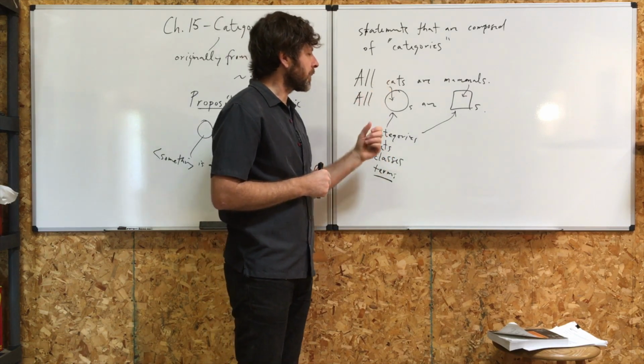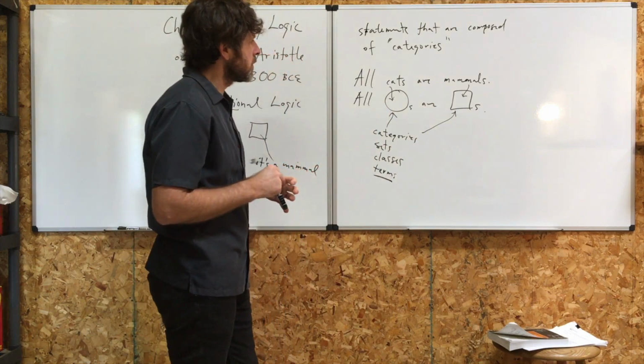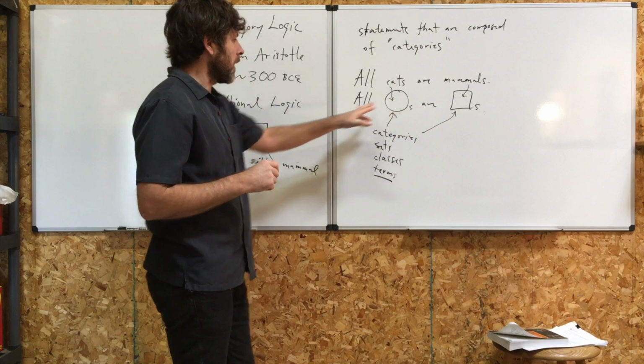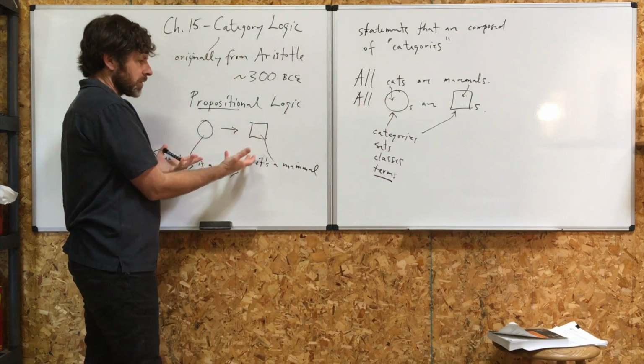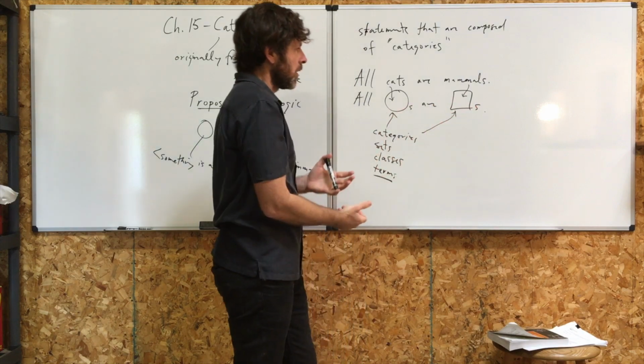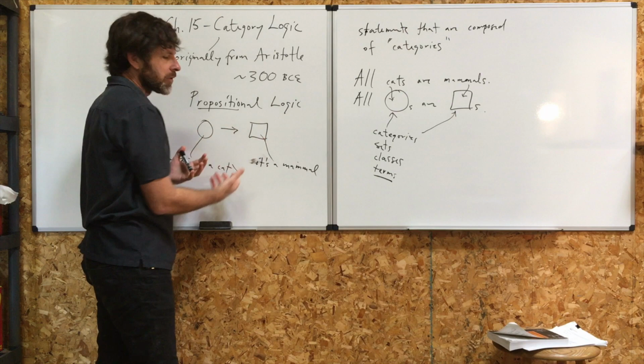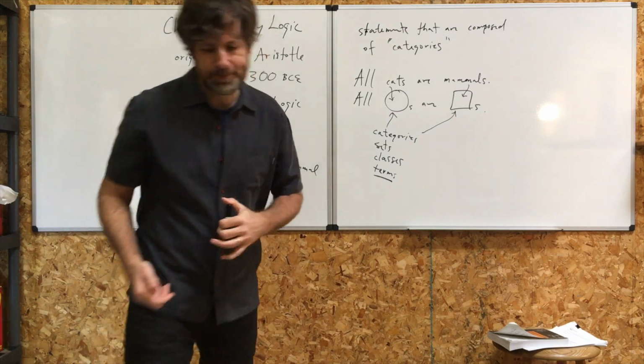Take a cat; it is a member of a certain class of things. See how that's opposed to the circles and squares in propositional logic. The circles and squares here in category logic refer to categories. Circles and squares in propositional logic refer to propositions.